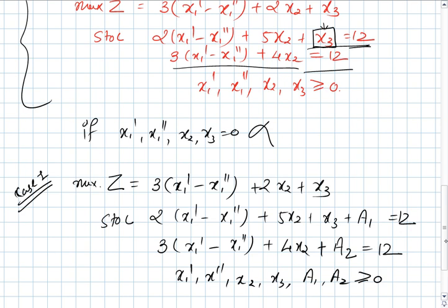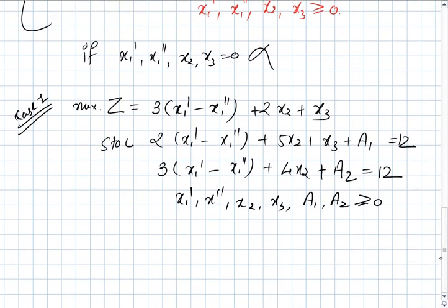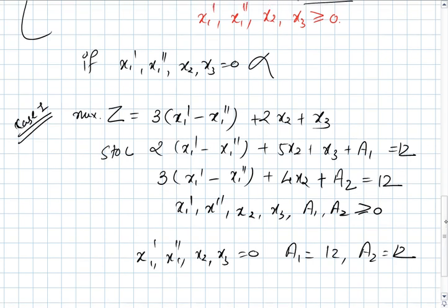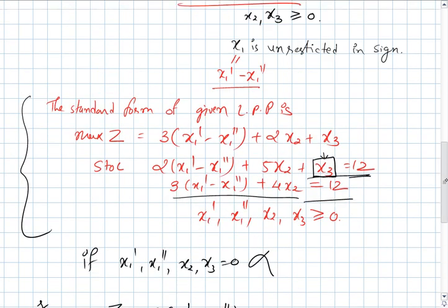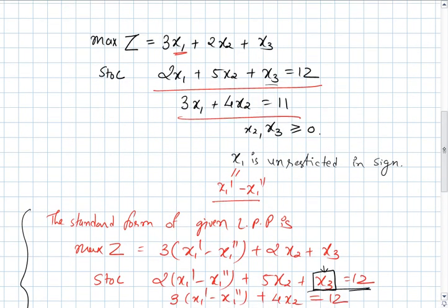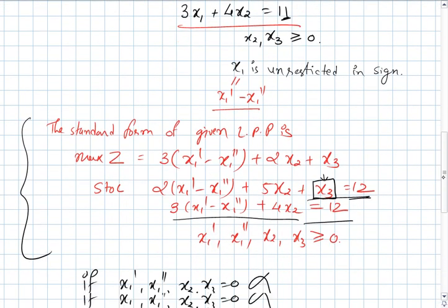In this case, you can take x1 dash, x1 double dash, x2 and x3 as 0, and you will have a1's value 12 and a2's value again 12. Sorry, in the problem I have taken 11 for the second constraint, so everywhere it should be 11 instead of 12.